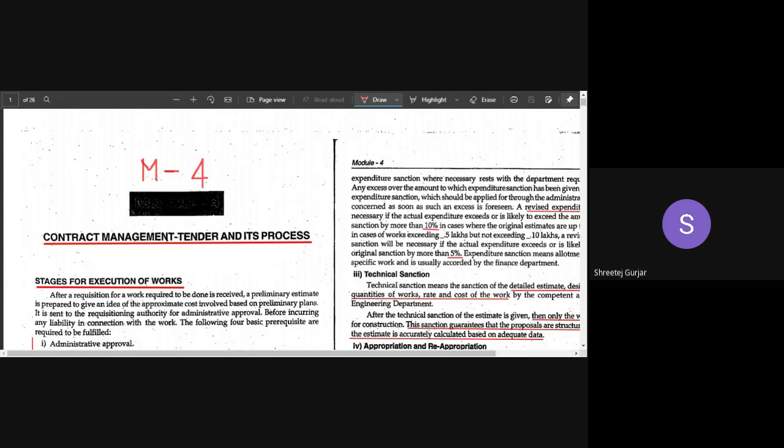Is a contract made between two persons, a single person, or two or more people? A contract has to be made between two parties, right?